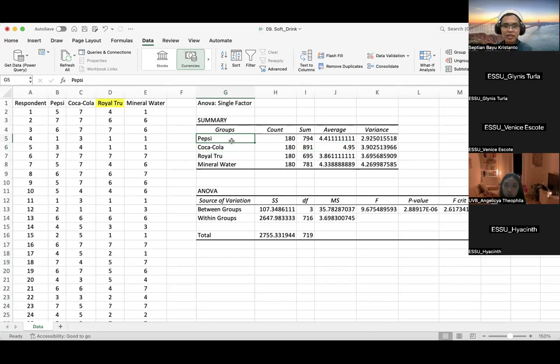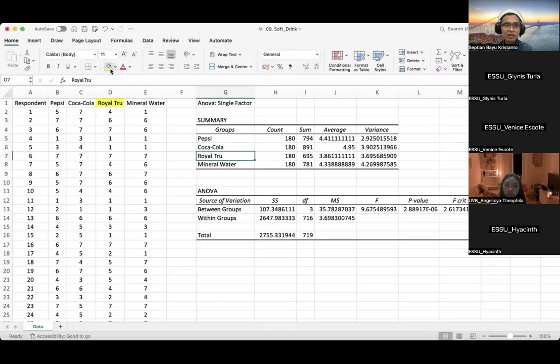But in Indonesia, we don't have this one because Royal True is only found in the Philippines. In Indonesia, sometimes we find another drink like Fanta. Is it right, Angel? We can find Pepsi, Coca-Cola, and Fanta in Indonesia. Mineral water, we can find in any country. But in the Philippines, we can find Royal True.